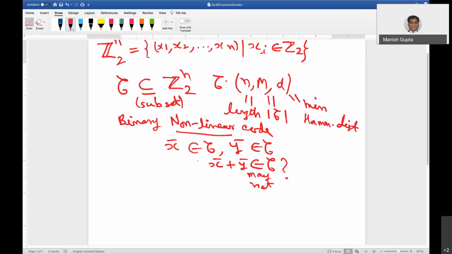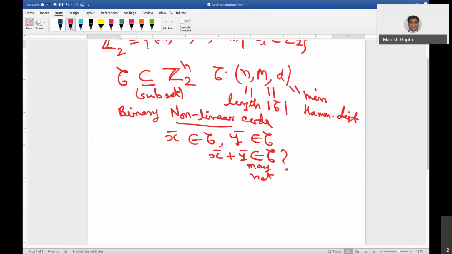Now a code is said to be linear. A code C is said to be linear if it is a subspace of Z2 raised to power n, right? It's a subspace.